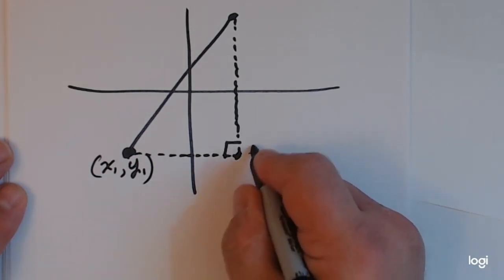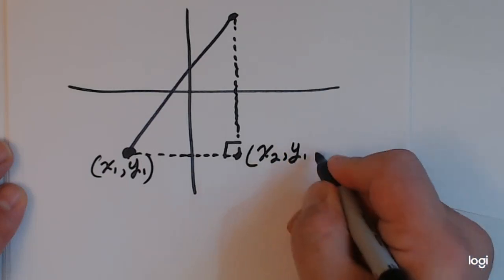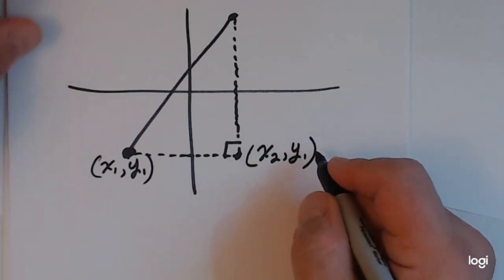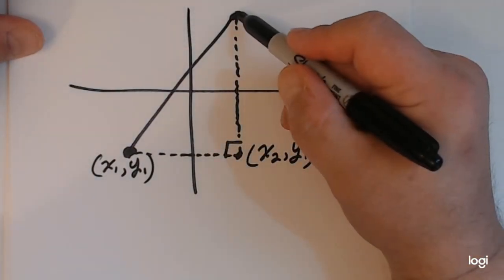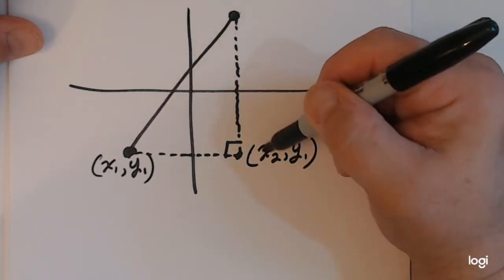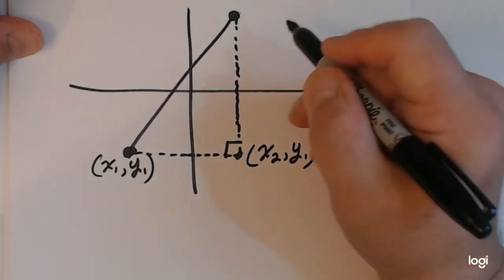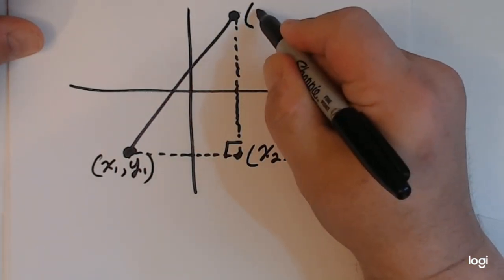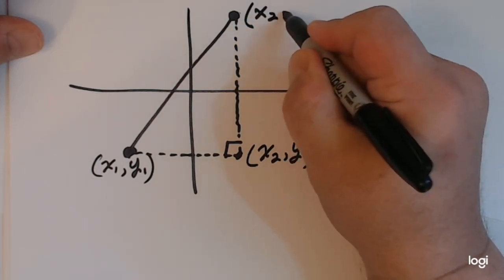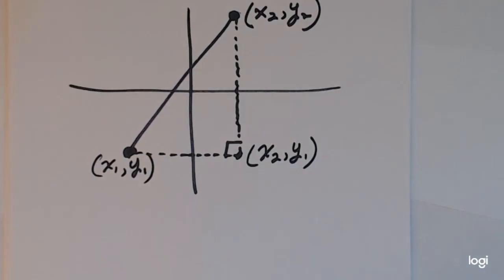So we can call this x sub 2 comma y sub 1. Now this point here is going to have the same x value as x sub 2, but it's going to have a different y value. So this is going to be x sub 2 comma y sub 2.